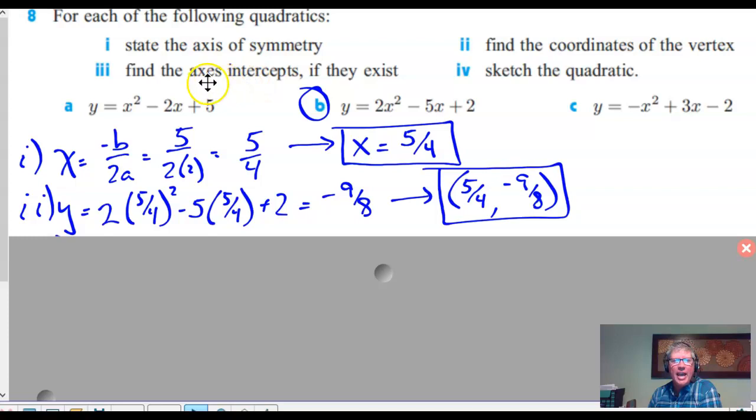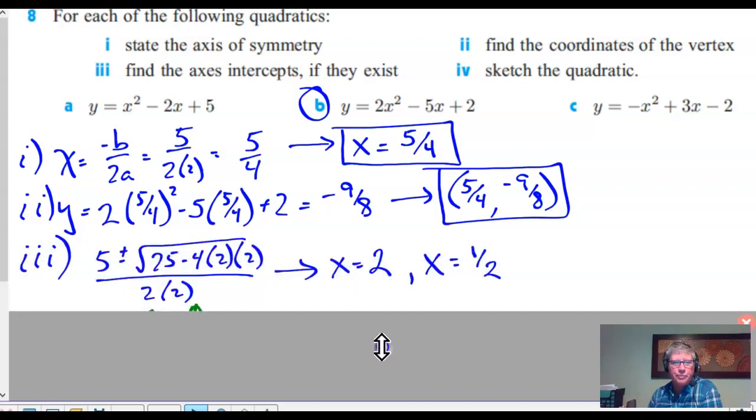Number 3, find the axis intercepts if they exist. So axis intercepts, same thing as the zeros, as the solutions. So how are we going to do that? In this form, the best way is obviously to complete the square and have a lot more fun, but we have this tool called the quadratic formula.